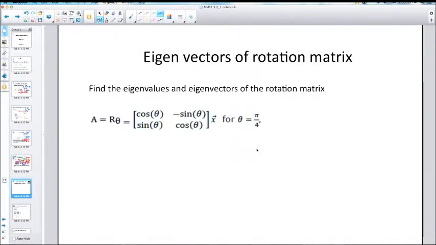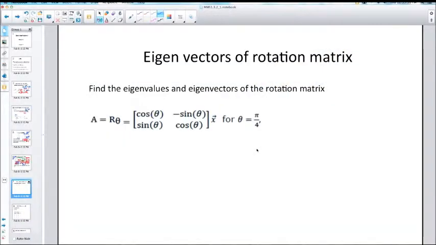Well, let's look at another transformation. A couple of lessons before, we looked at the rotation matrix. In this case, to make things simple, I only choose theta equal pi over 4 and put it into this rotation matrix.